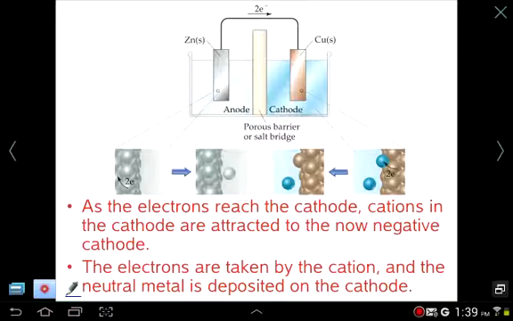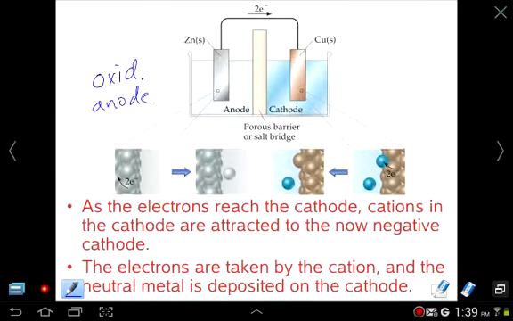If you take a look at what we just saw, this is now put together in a battery. Your salt bridge becomes this porous barrier, and then you have yourself a cathode portion to the battery and an anode portion to the battery. So the exact same thing is happening. Electrons are being created at the anode, because remember we said that oxidation occurs at the anode. Oxidation and anode.